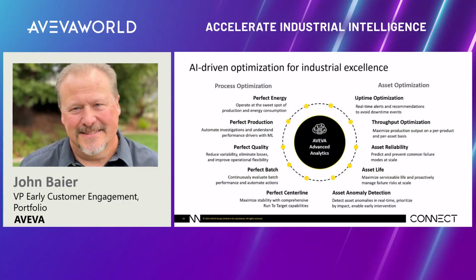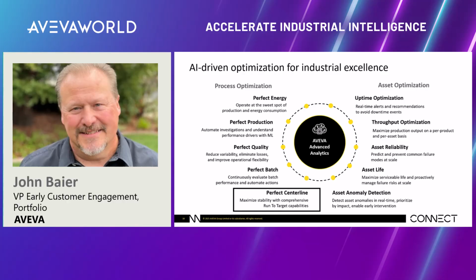Next. So again, the big models here are around process optimization. I mentioned quality, I mentioned batch. Perfect energy is another one for energy monitoring, and then we have all the asset optimizations as well. So throughput around assets, asset reliability, and remaining asset life.